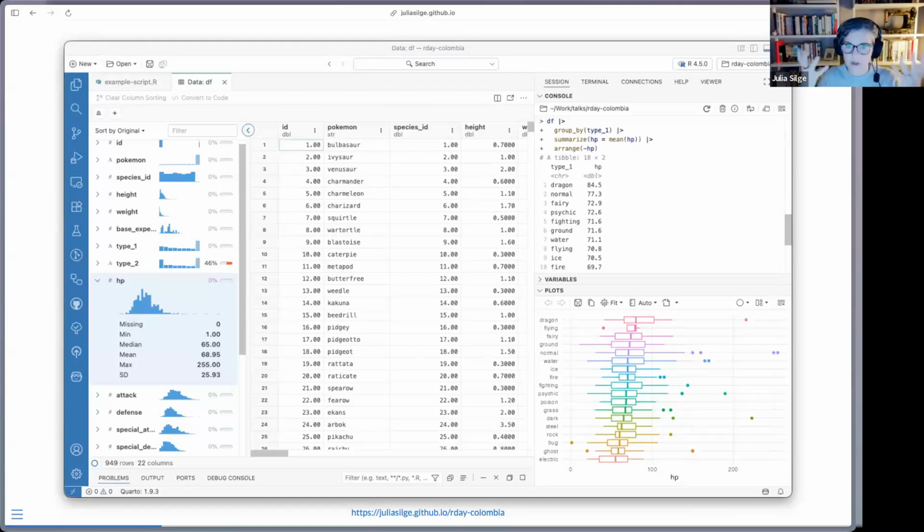What we see here is that we can see all the columns, we can see all the rows. There are some nice features over in the summary panel where you can see the distributions of the variables here.